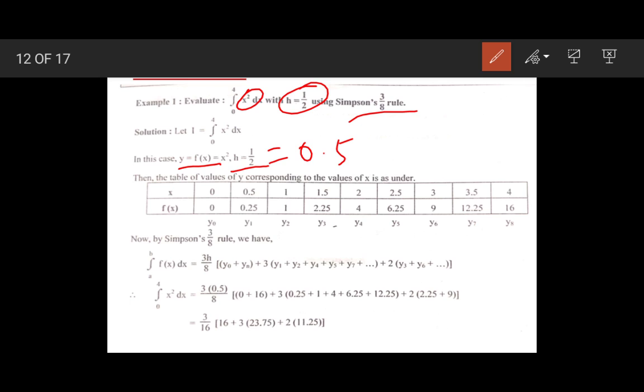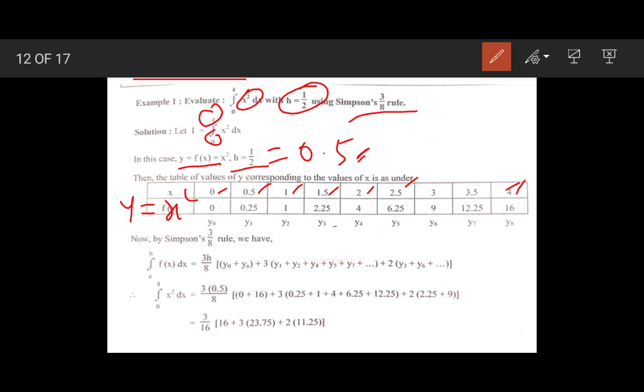For x, we will start from the lower limit 0, then we add the h value, that means 0.5. So 0 plus 0.5 is 0.5, then 0.5 plus 0.5 is 1, then 1 plus 0.5 is 1.5, 1.5 plus 0.5 is 2, 2 plus 0.5 is 2.5, and so on, and the last value will be 4. So we find the x values till we get the upper limit, 4. Now we find the y values, and we know that y is x square.